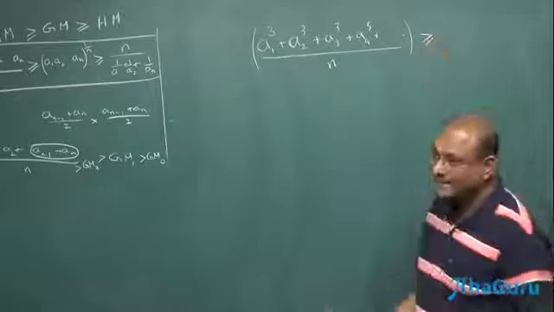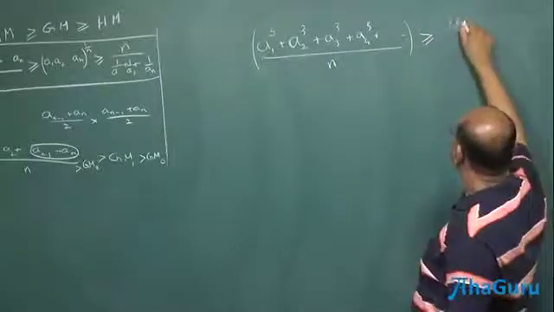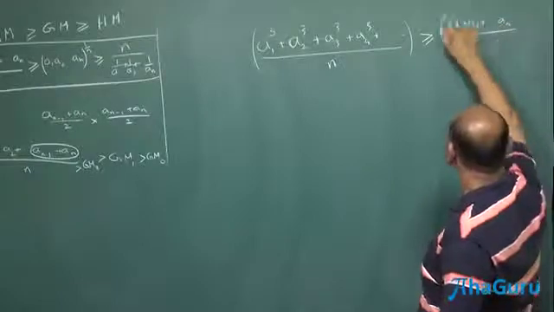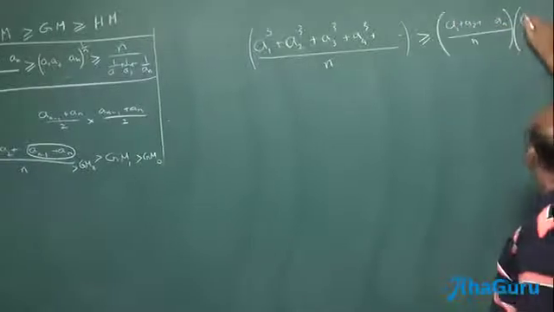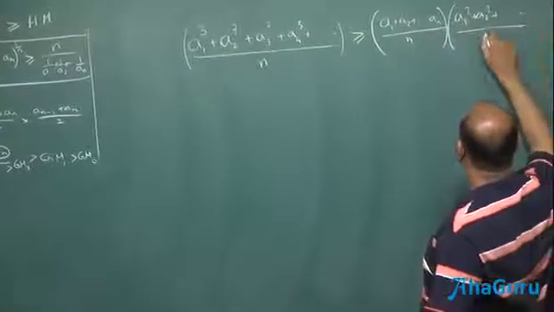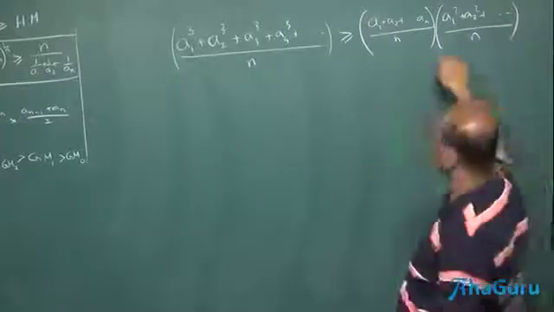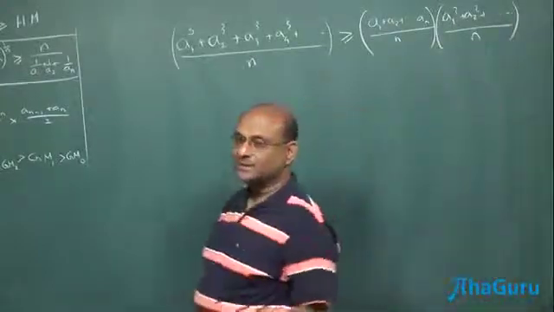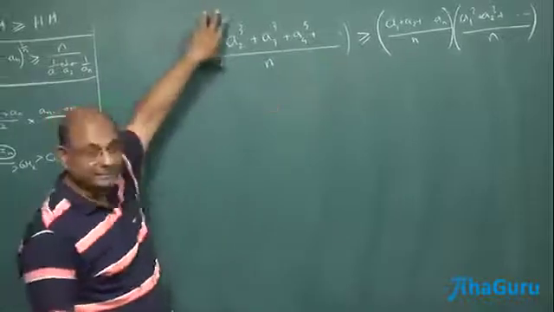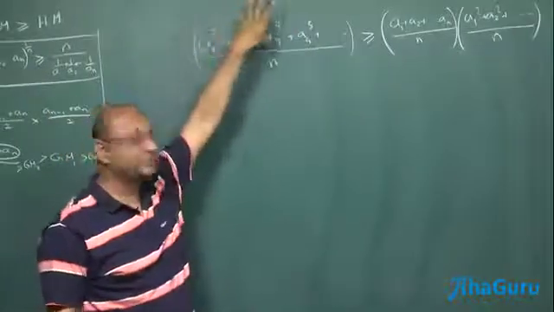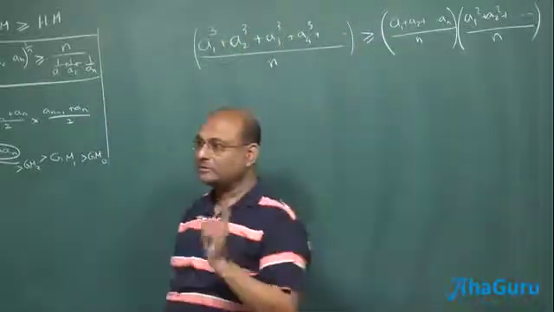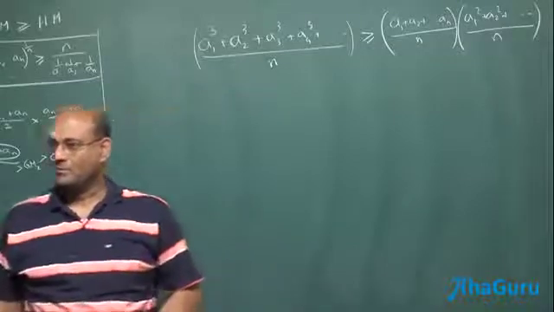This is bigger than A1 plus A2 plus up to AN by n, into A1 square plus A2 square and so on by n. Do you see what this is? This is the arithmetic mean of the squares, and that is the arithmetic mean of the individual numbers, and if you multiply the two, this is the arithmetic mean of the cubes. The arithmetic mean of the cubes is bigger than the arithmetic mean of power 1 into the arithmetic mean of power 2.